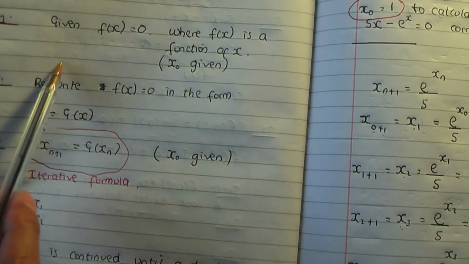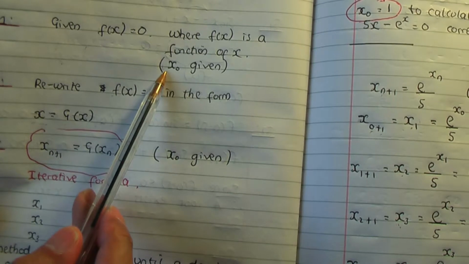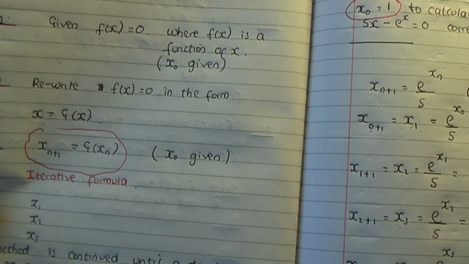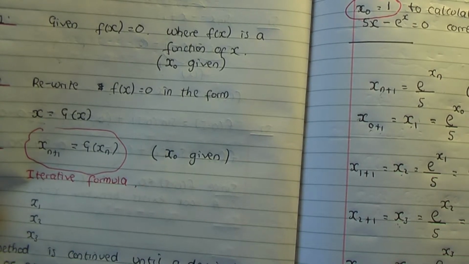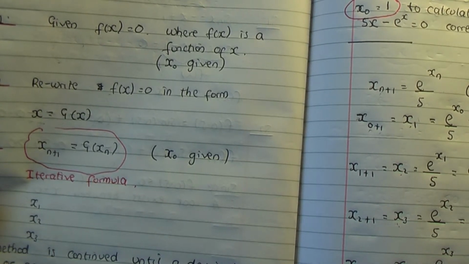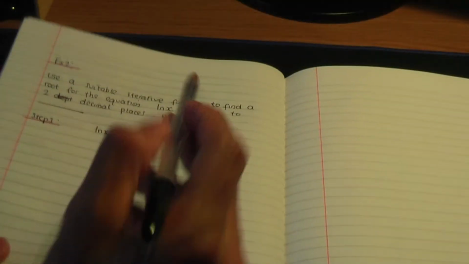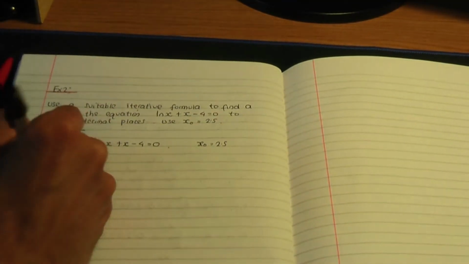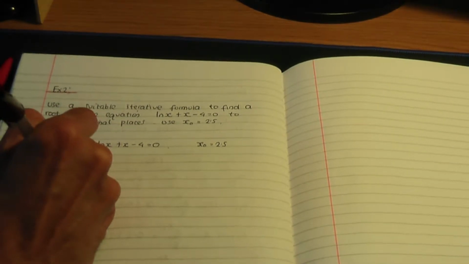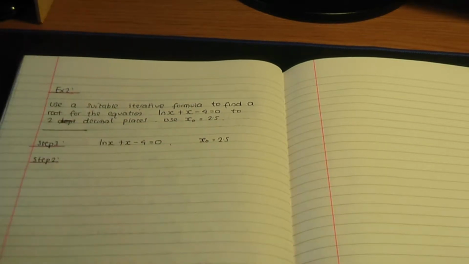But you're given an equation and f(x) is a function of x, and remember, x0 will be given, or you may need to come up with a value, okay, depending on where the root is lying. Okay, so over here in this example, the value of x0 is indeed given. x0 is 2.5. So step number 1 for me is collecting the data that you need from the question.